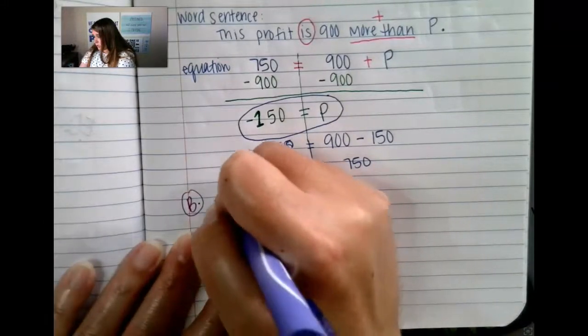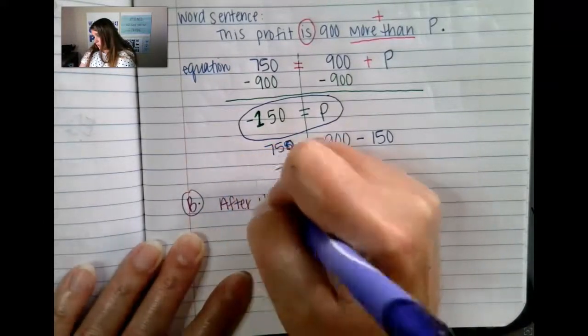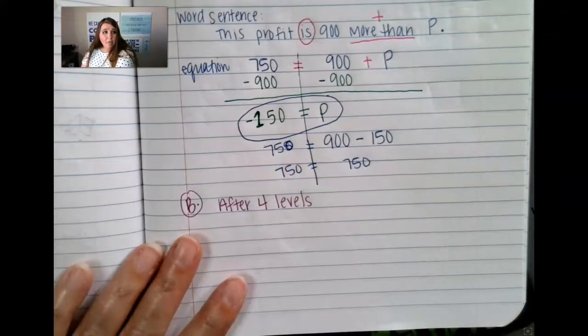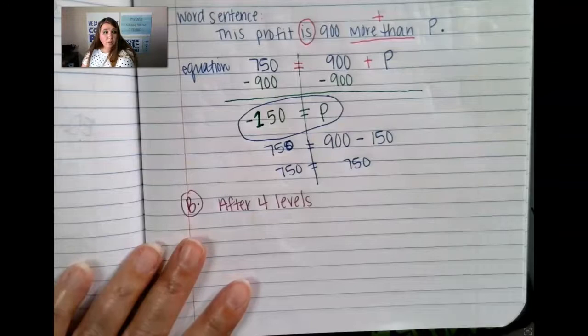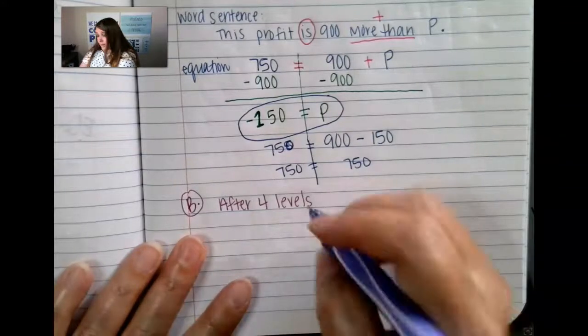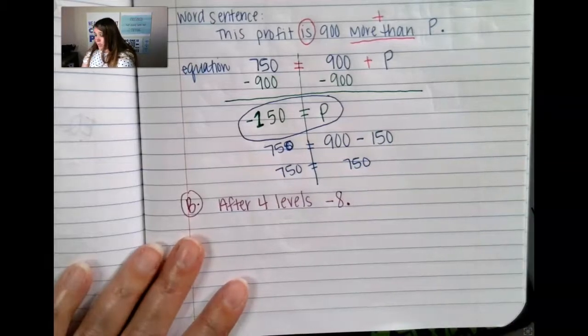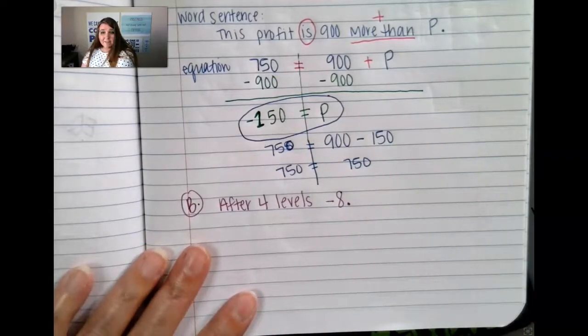So they've passed 4 levels. So after 4 levels, their score is -8.